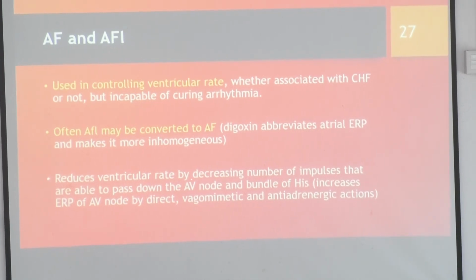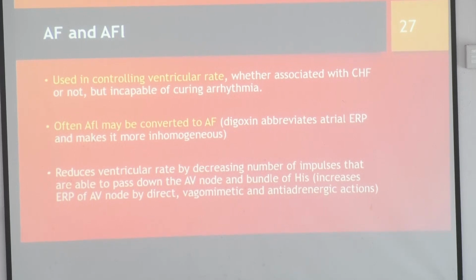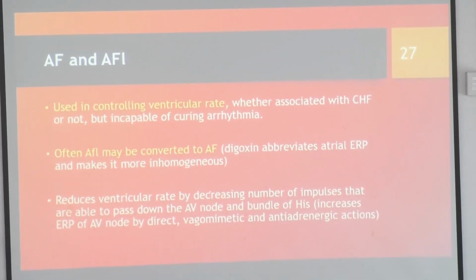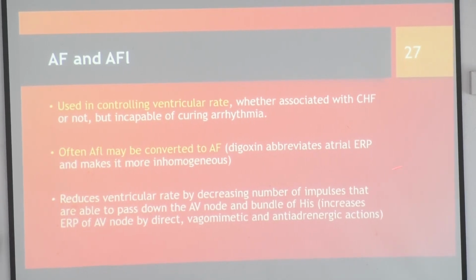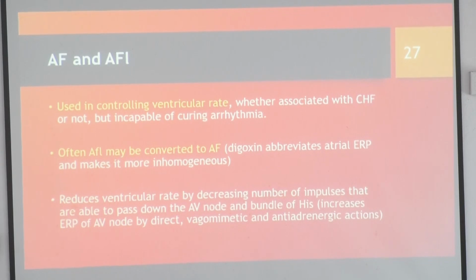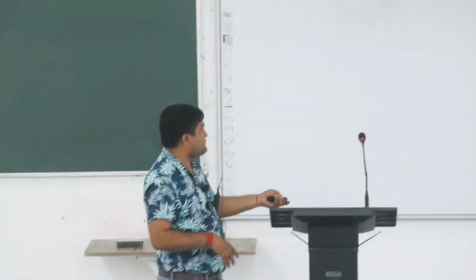They reduce ventricular rate by decreasing the number of impulses that are able to pass down the AV node and bundle of His, and thus they are decreasing the ventricular rate.